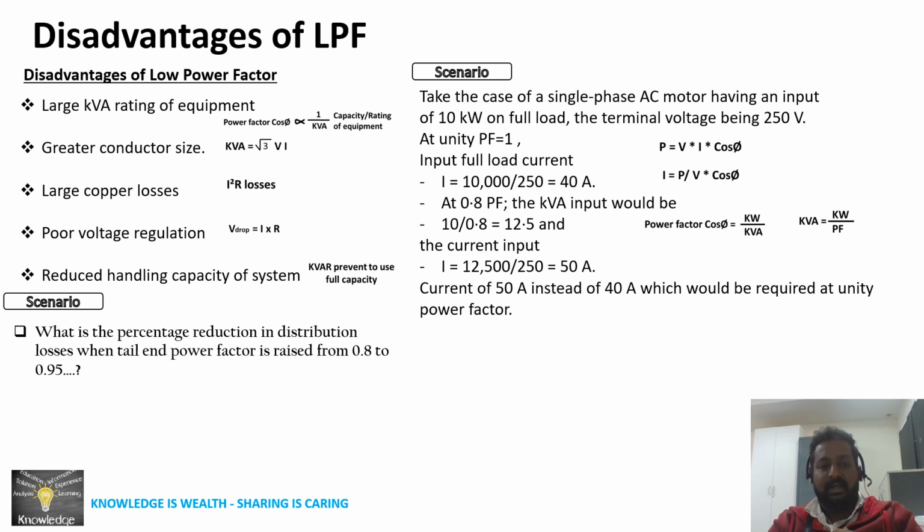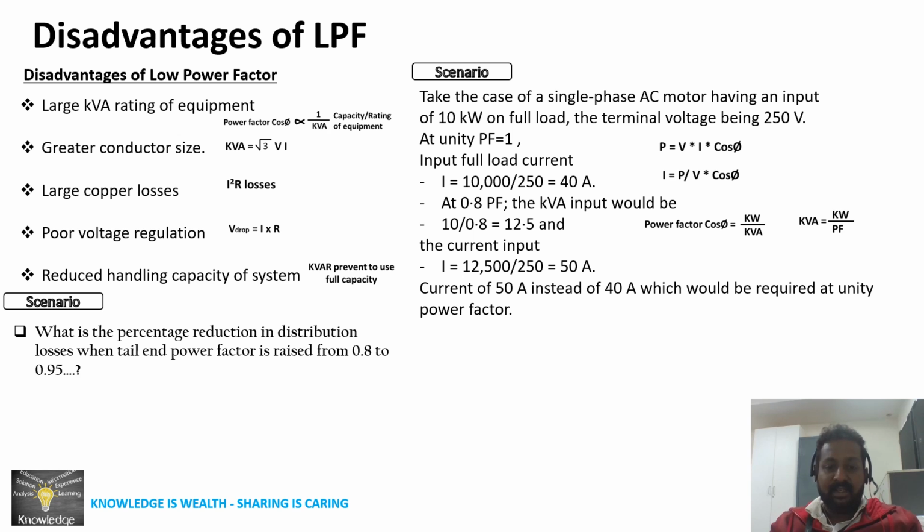If the KVA rating is reduced, obviously the current requirement will reduce and the losses will reduce. So what is the percentage reduction which will happen in transmission and distribution losses at the tail end, the field end, like UPS output power and input power to the chillers?